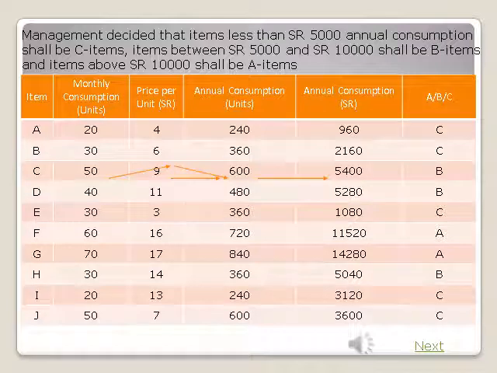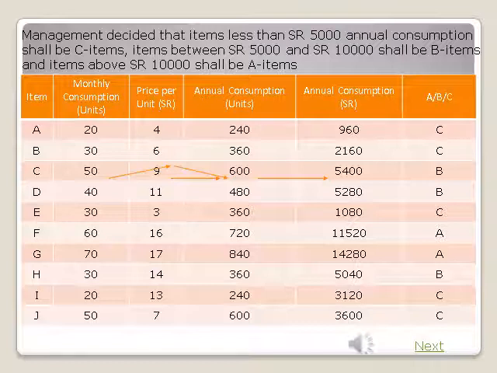Continuing what I said, using the same slide, now I put some arrows. For item C, you can see that the monthly consumption, 50, has been multiplied by 12, giving you 600. The price per unit of C is 9. If you multiply 9 by 600, you get 5,400.